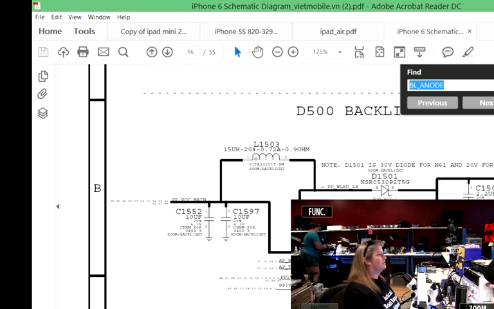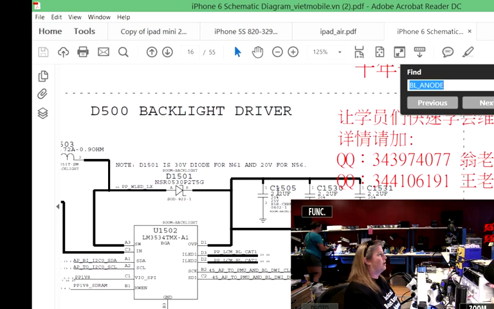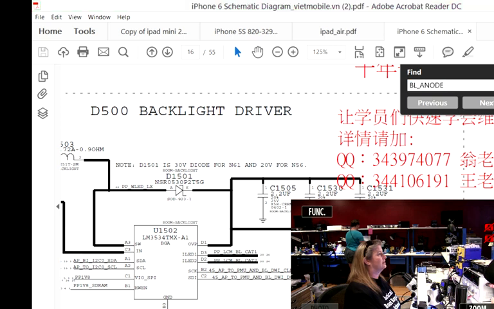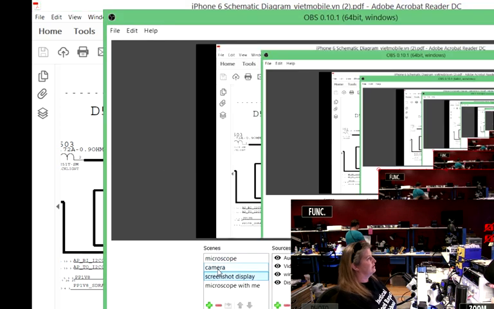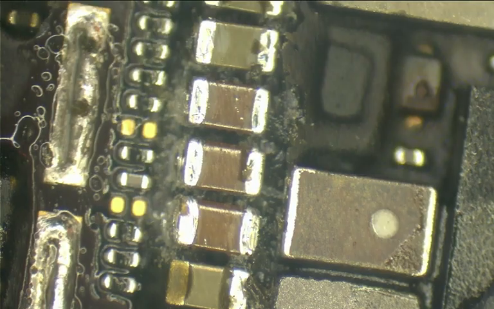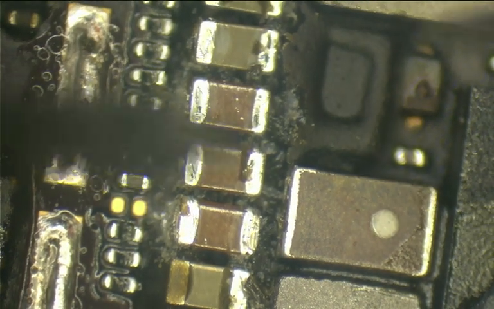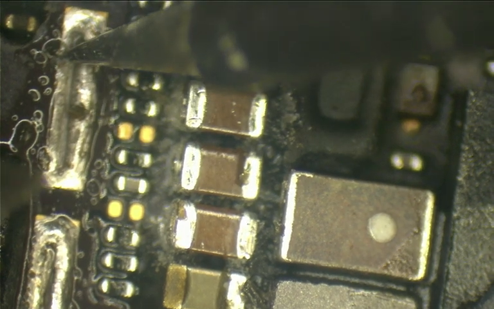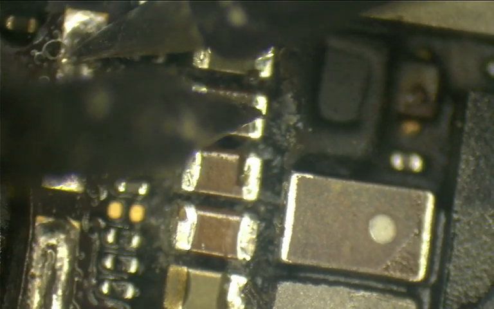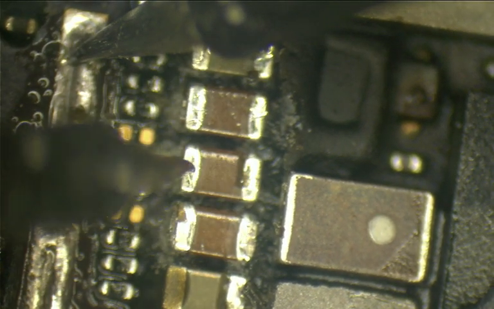Here's our backlight driver, and 1, 2, 3, here's our 3 caps. They're on the backlight line. This line is shorted to ground. We already know that because we tested it out at the filter and at the connector. So that by definition means that these 3 caps are going to be shorted to ground because they're on that line. So let's confirm that. And of course they are.